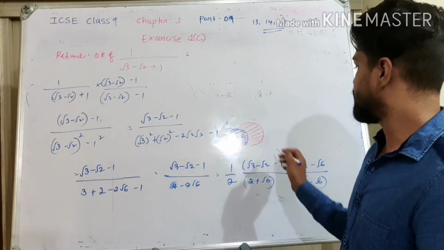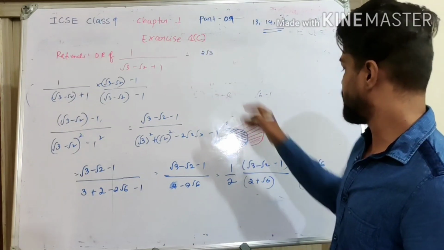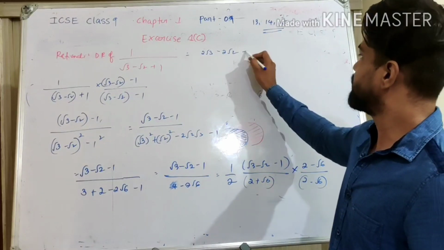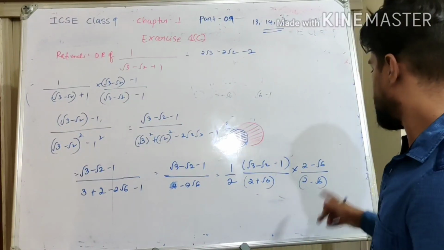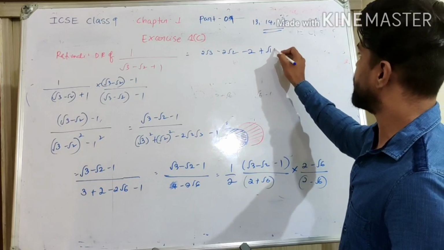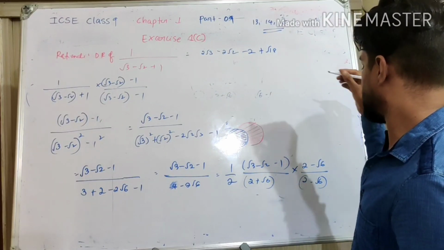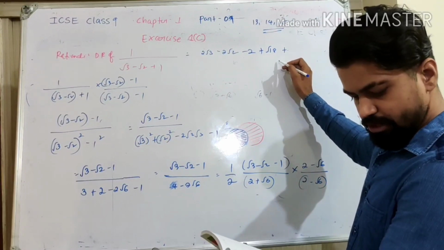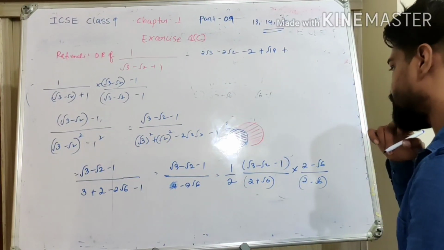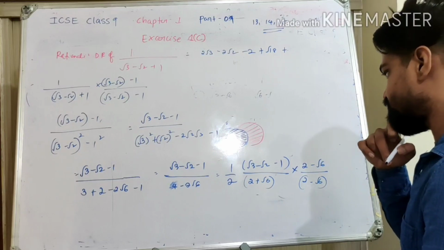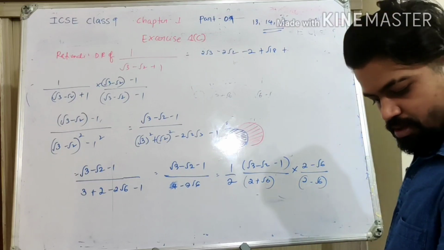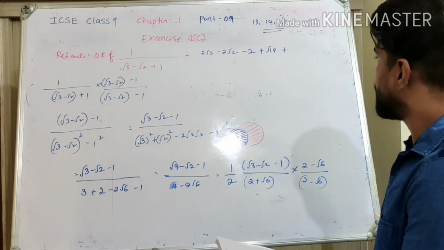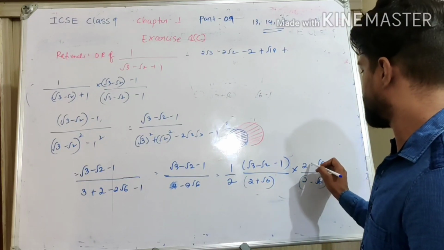So we end up with 2 root 3 minus 2 root 2 minus 2, correct, and then root 3, that is plus root 18, then plus, that's going to be minus root 18 or plus root 18. This is plus root 6 now.